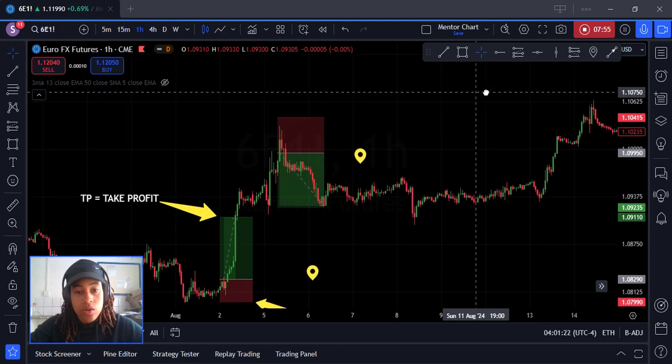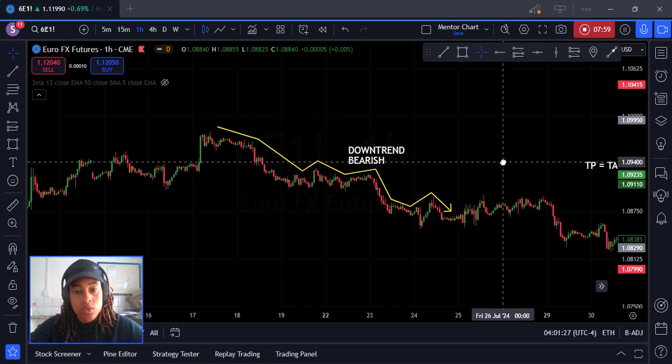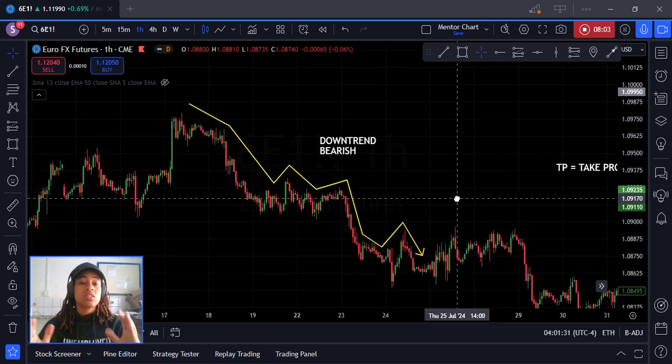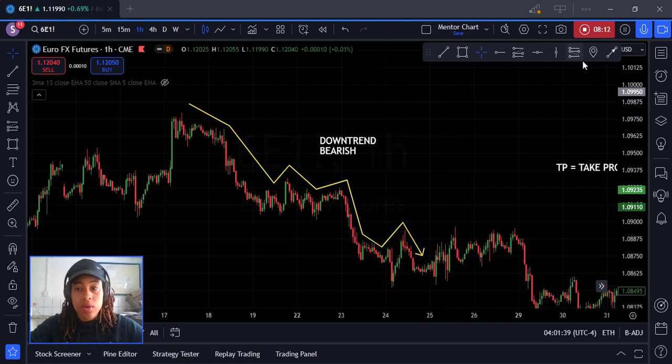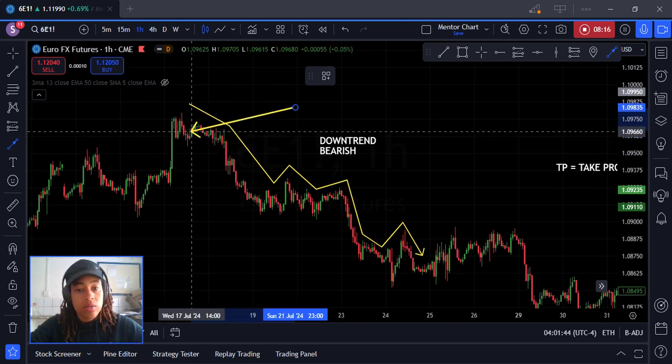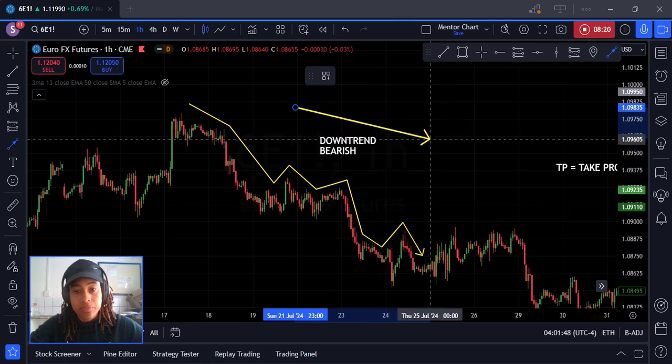Let's go over here first since we talked about the uptrend. This is a downtrend. So if someone says it's a bearish market, that means the market is going down. You want to sell high, like I said. What I mean by selling high is you want to place your trades around here, so you can last long in the bearish market.